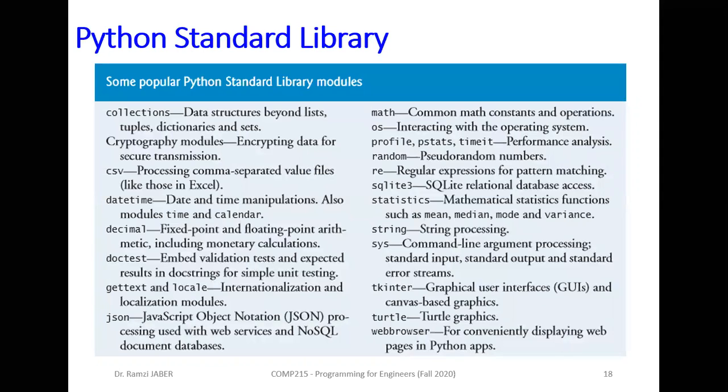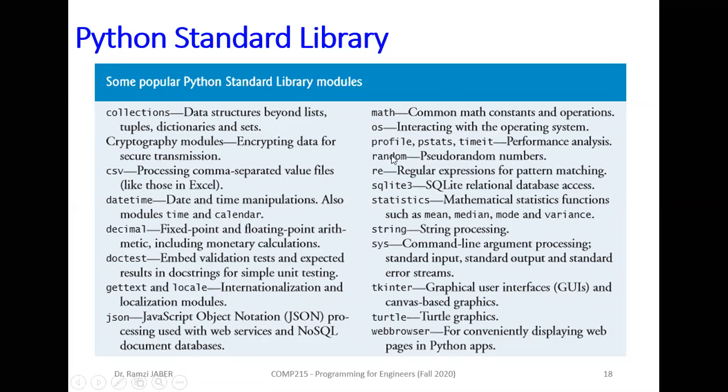We have some popular Python standard libraries here. We have collections, a library for data structures, dictionaries; cryptographic modules for encrypting data and secure transmission; CSV, like Excel; datetime, decimal; JSON for web services, like JavaScript; math; also the OS library to interact with the operating system.